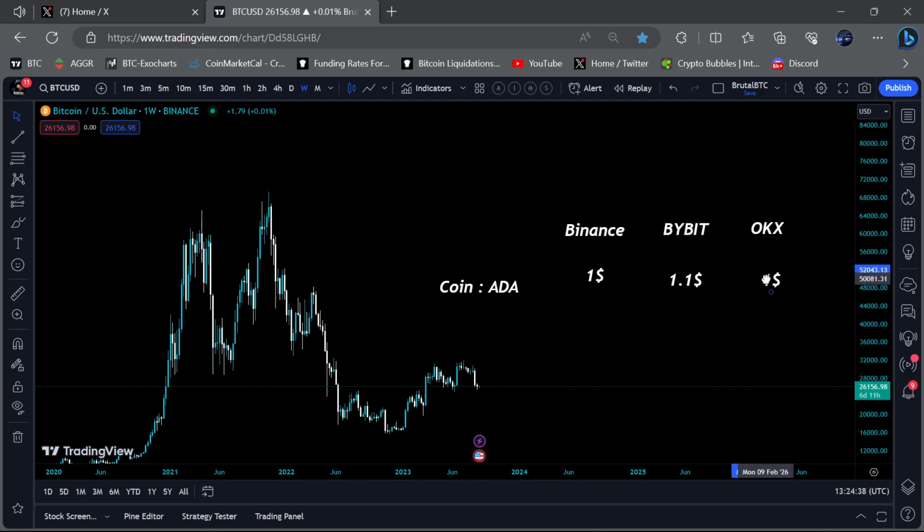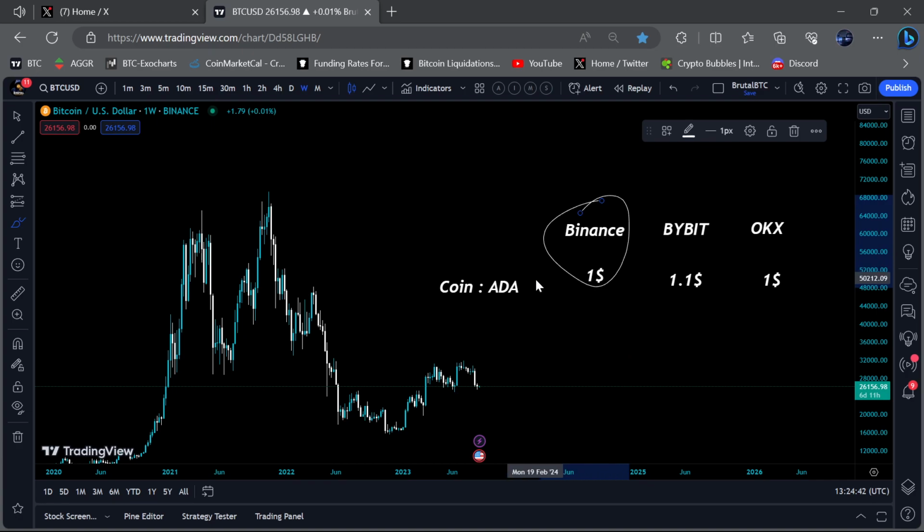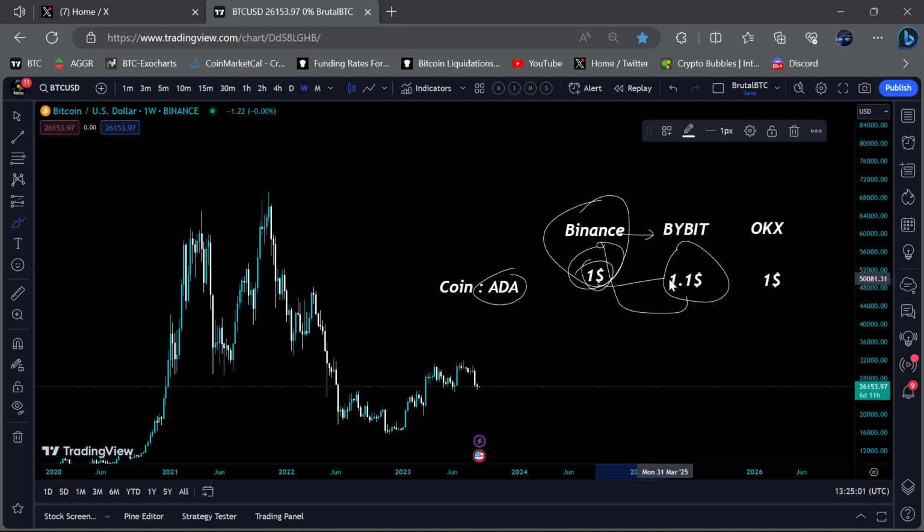So what you guys can do is simply go to Binance, buy ADA over here, transfer it into the Bybit, like send from Binance to Bybit, and sell at $1.1 with 10% profits. Then move your profits back into Binance, buy it again, send it again. Do it several times until you are happy, or until the price is actually the same at both exchanges.